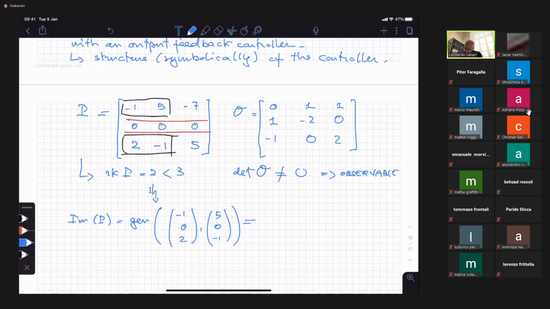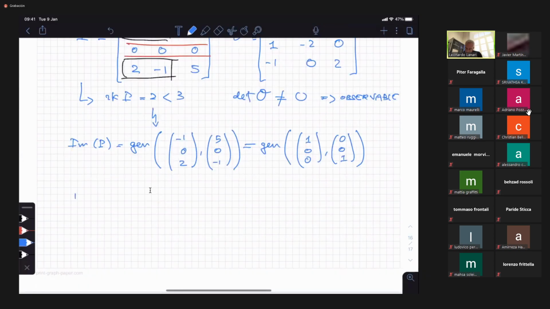So it can be also generated by a much easier matrix, which is 1, 0, 0, and 0, 0, 1. This step is not necessary, but it makes computation much easier. And it's going to be clear from the choice of T minus 1, base of the image.